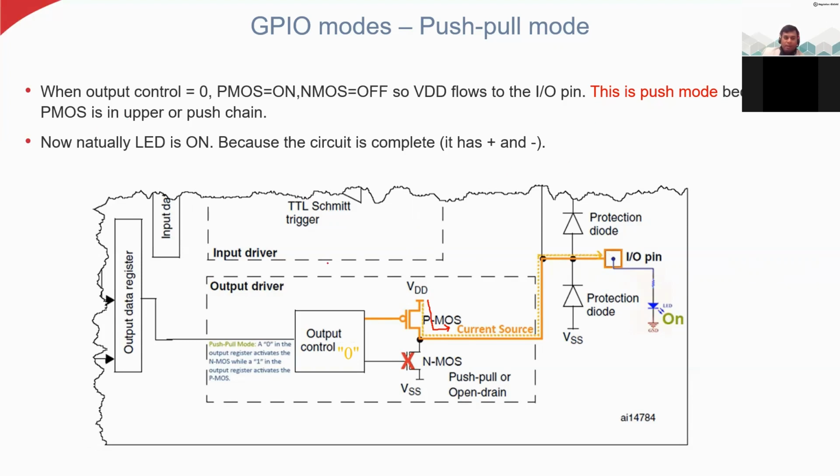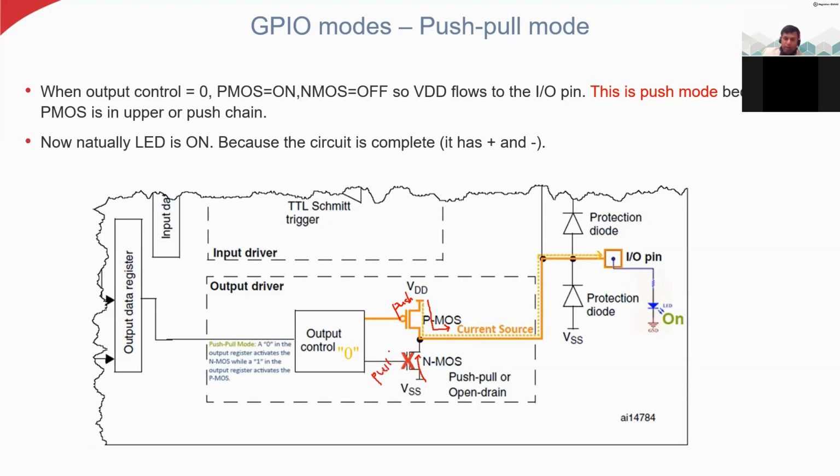So this is a push mode, because the PMOS is in the upper push chain. Here this is a push chain and this is a pull chain, so you can call this push and pull. That is why we call this push-pull mode. The push chain is pushing this VDD down, and the pull chain is pulling the ground up.